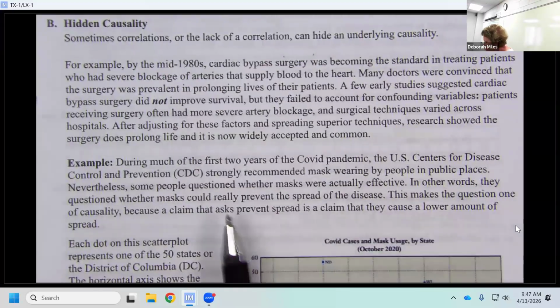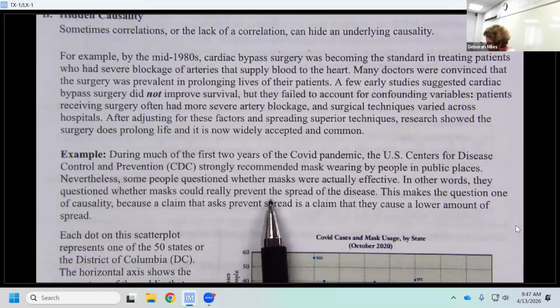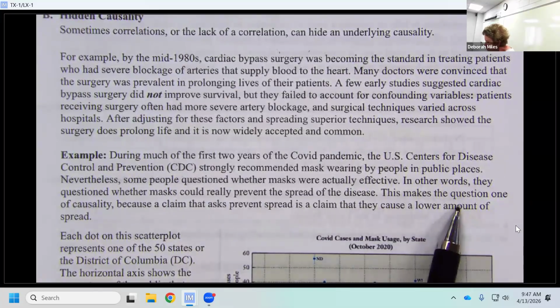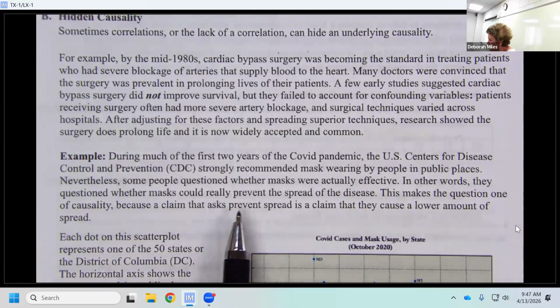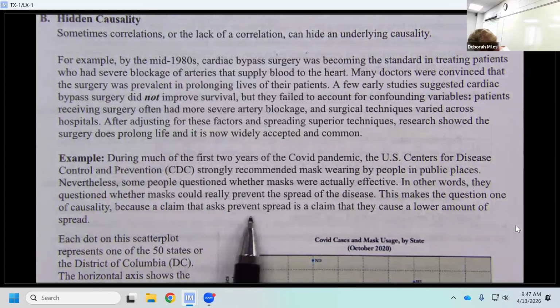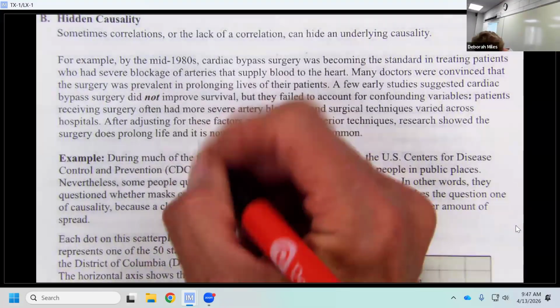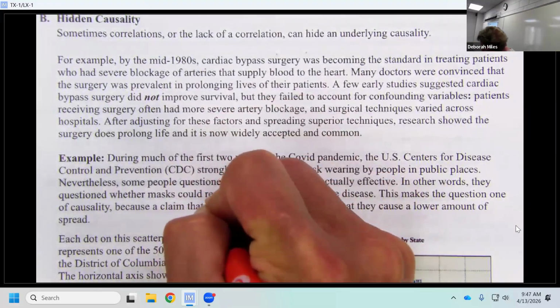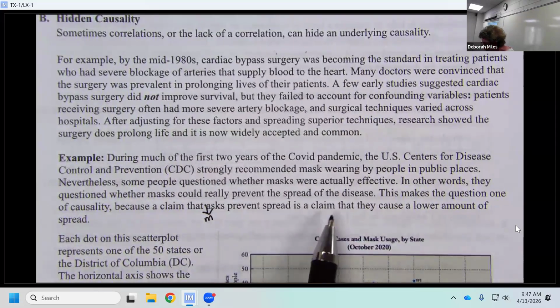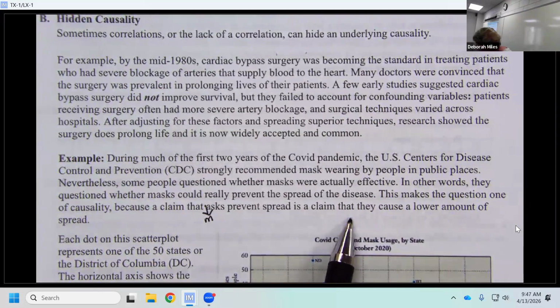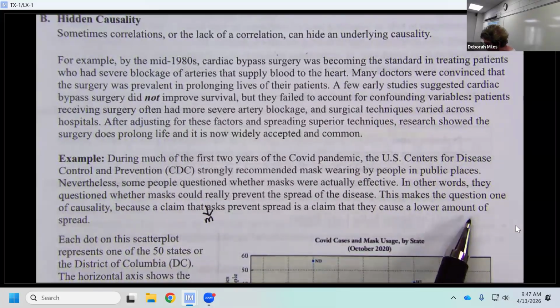In other words, they questioned whether the mask could really prevent the spread of the disease. This makes the question one of causality, because the claim that masks prevent the spread is a claim that they cause a lower amount of the spread.